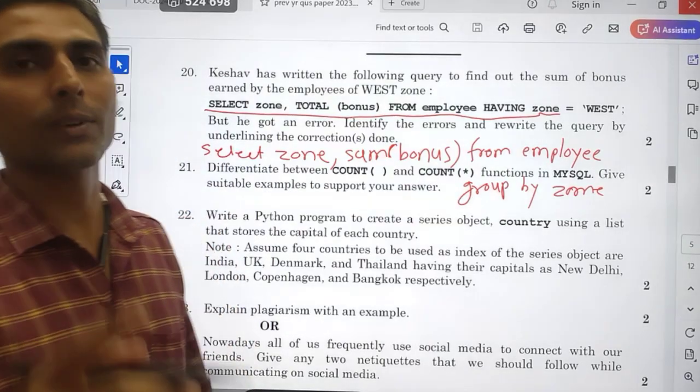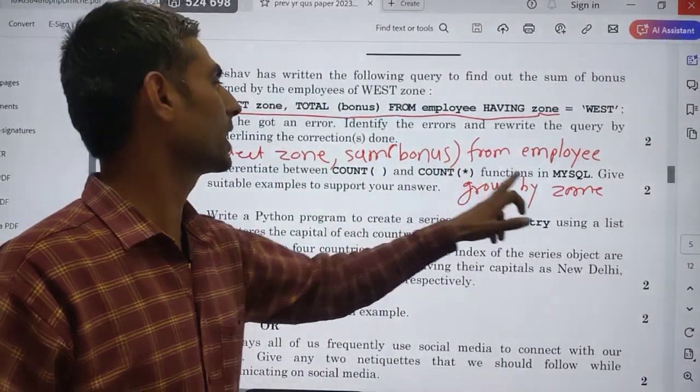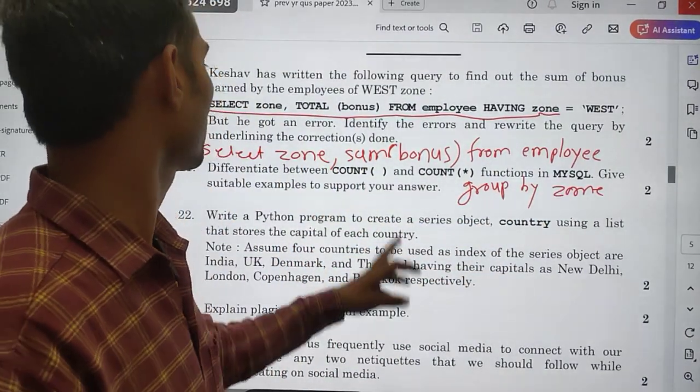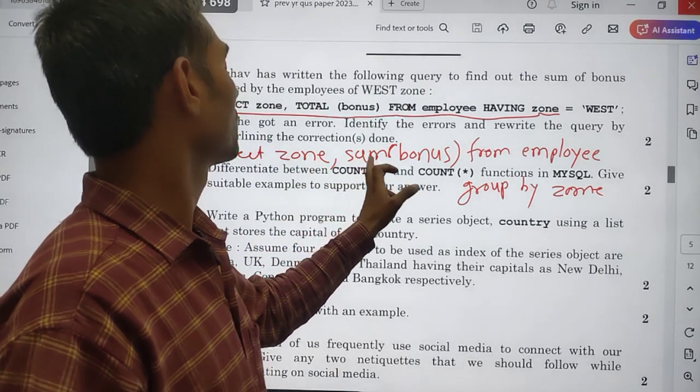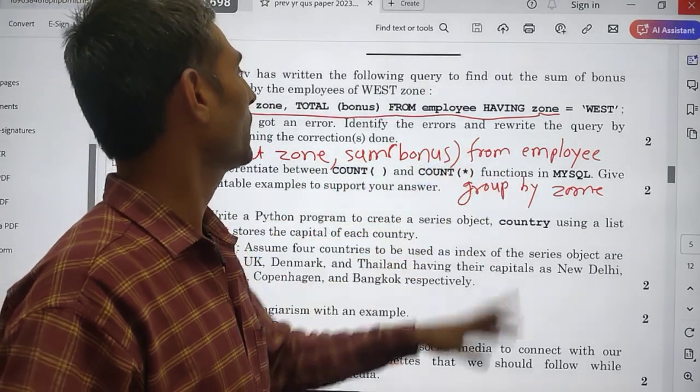Whatever column is there in the select clause must be there with the group by clause. So: select zone, sum of bonus from employee group by zone.